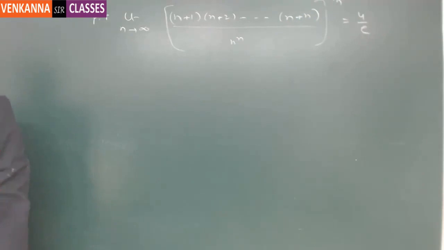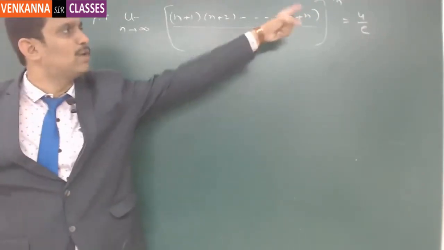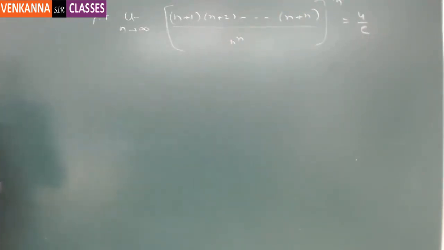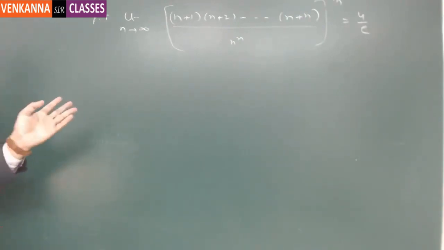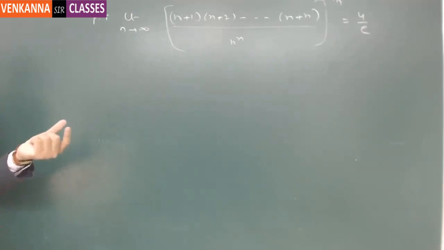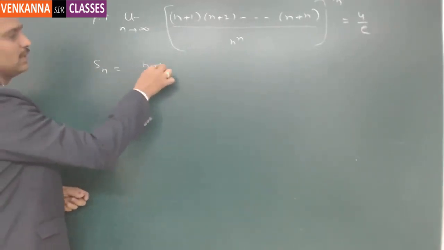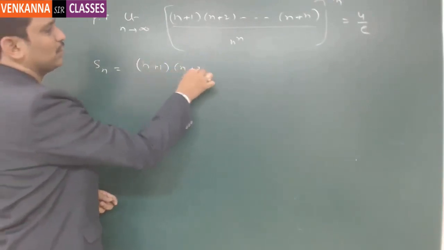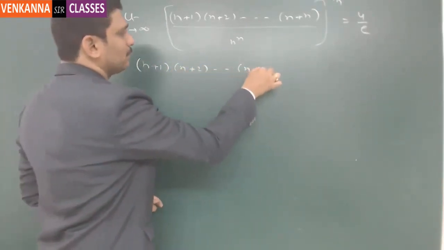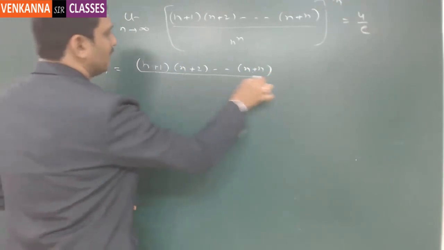Right. So for this term, whole power 1 by n is there. Since whole power 1 by n is there, we are going to use the technique Sn plus 1 by Sn. So you take Sn equal to n plus 1 into n plus 2 into so on n plus n divided by n power n.